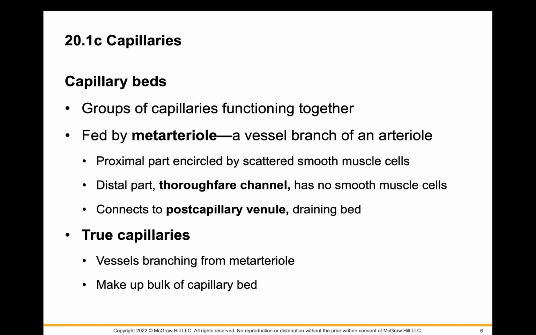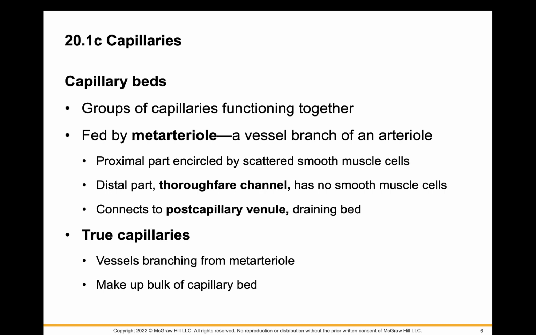Now, when we look at capillaries, generally you're going to hear them referred to as a bed of capillaries. And what we're going to look at primarily is a metarteriole, which basically goes from the arterial side and connects to the venous side. And that's an important thing to remember. Kind of think of it as a thoroughfare channel.